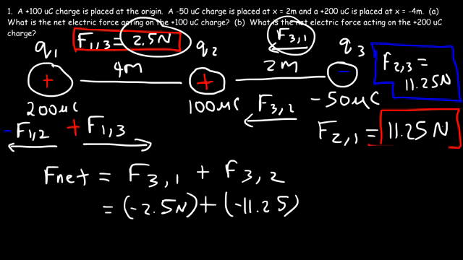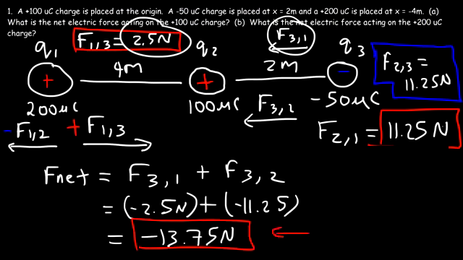So if we add those two values, the net force is going to be negative 13.75 newtons. And so that's it for this video. Now you know how to calculate the net electric force on a charge when it's parallel to two other charges.